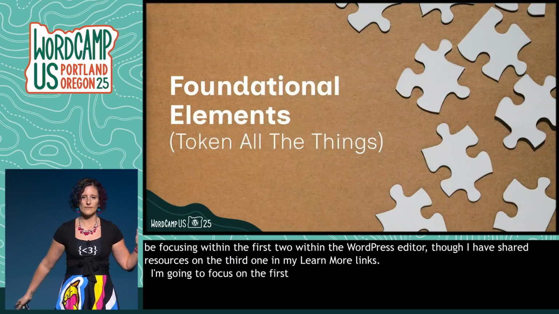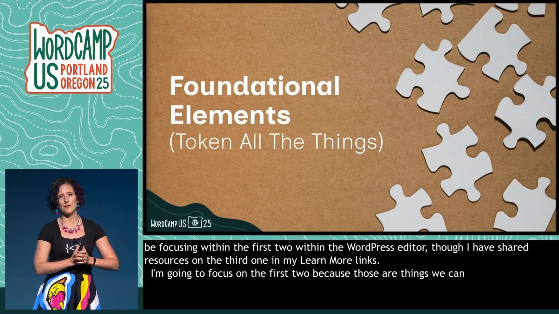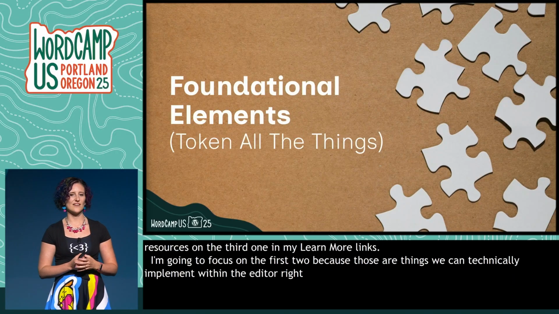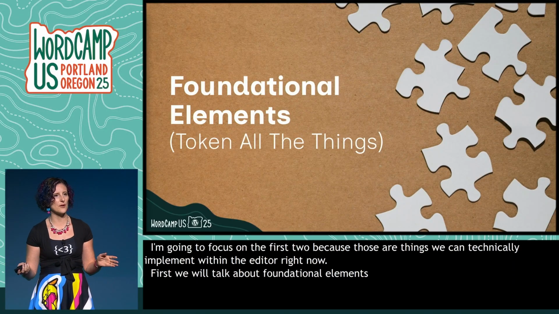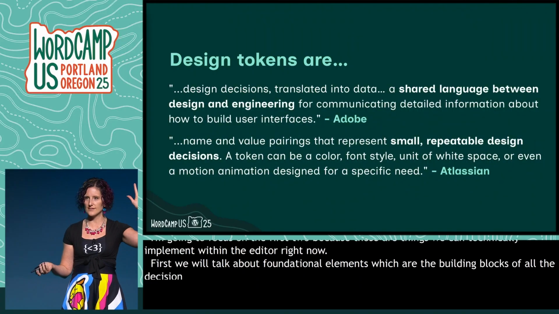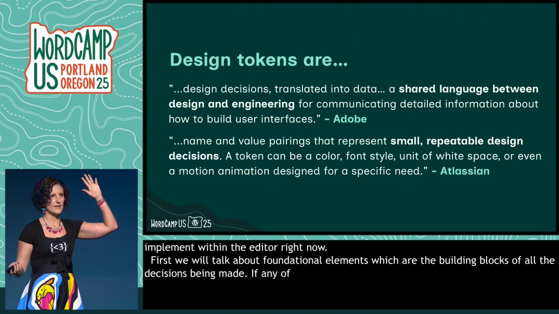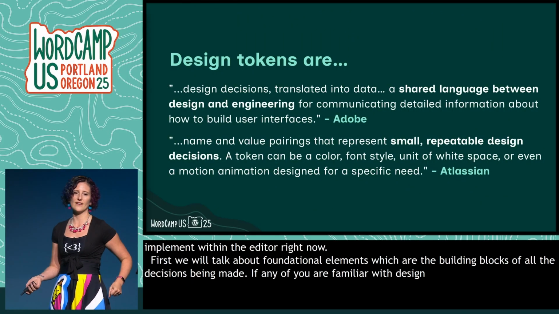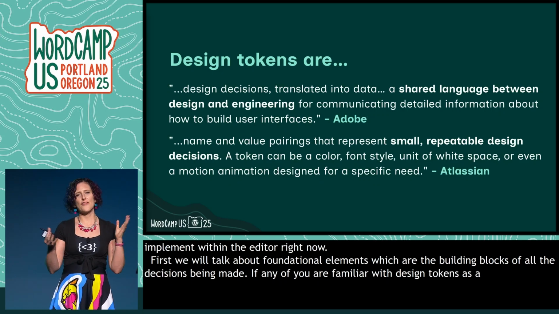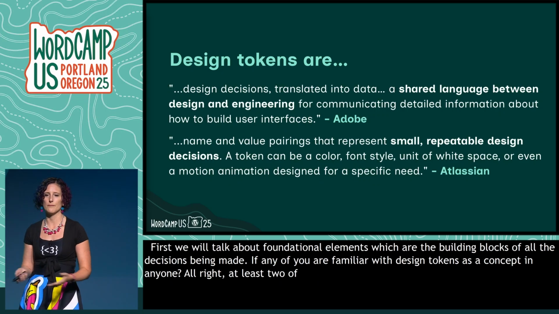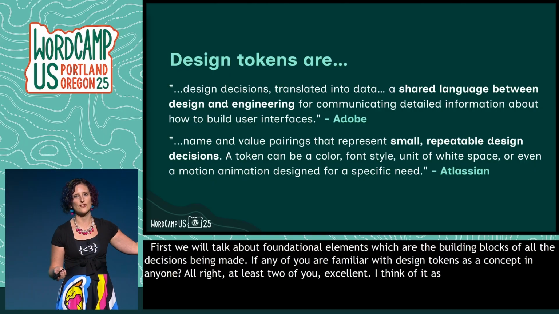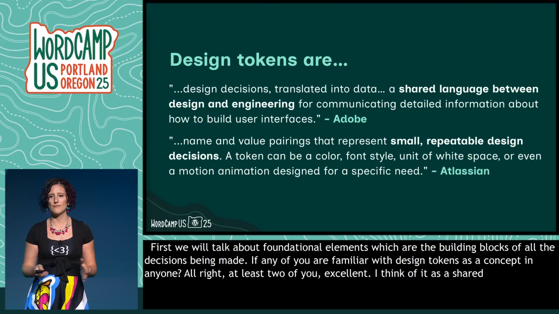First, we will talk about foundational elements, which are the building blocks of all the visual decisions being made. If anyone is familiar with design tokens as a concept, anyone? All right, at least two of you. Again, excellent. I think of design tokens as a curated set of global opinions, basically. Most design systems, like the ones I showed you before, are using them.